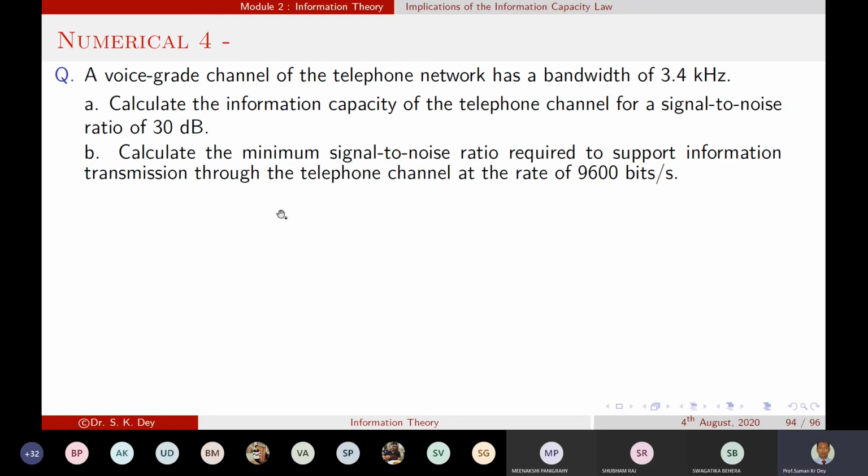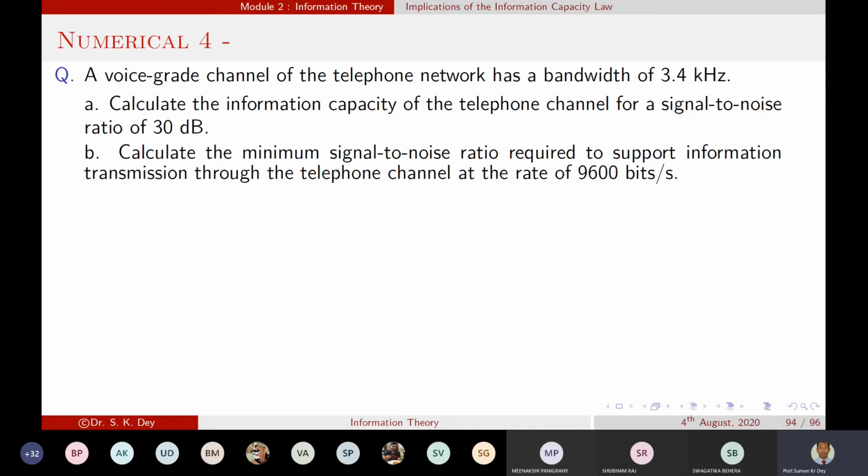As I told, information capacity, channel capacity, C equal to B into log base 2 of 1 plus SNR. Here the bandwidth B is given and the SNR value is given, and we need to calculate the C value.